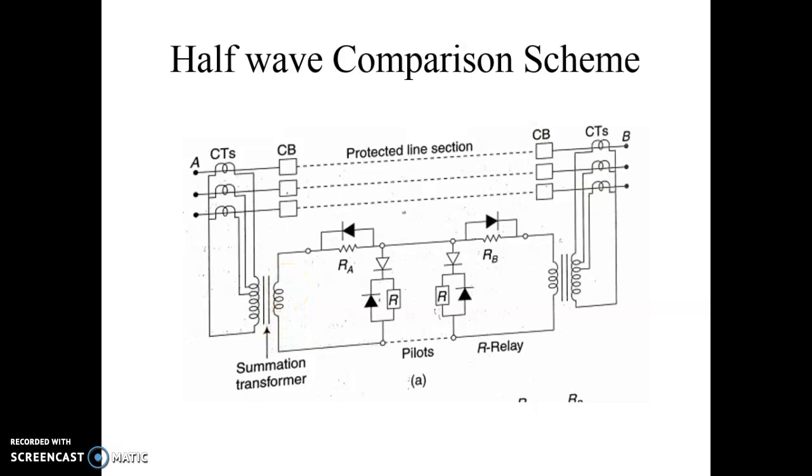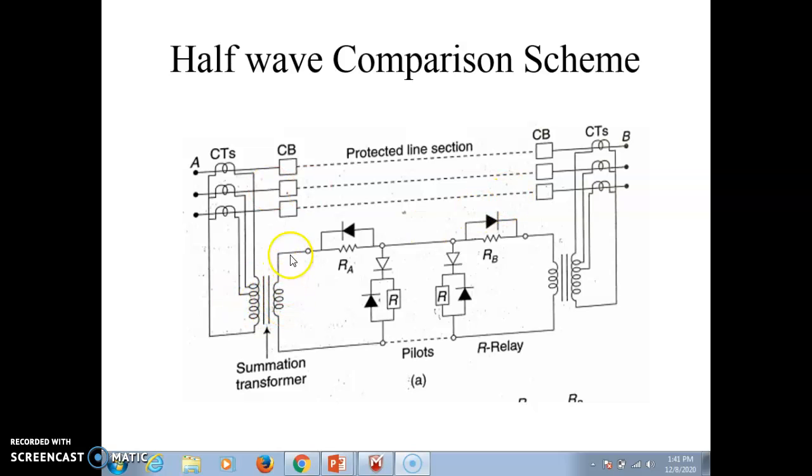This is the normal condition, and also the external fault condition. An external fault means a fault outside the zone of protection. If an external fault occurs, and the polarity at the A side is positive, RB is shorted and the voltage is negative.